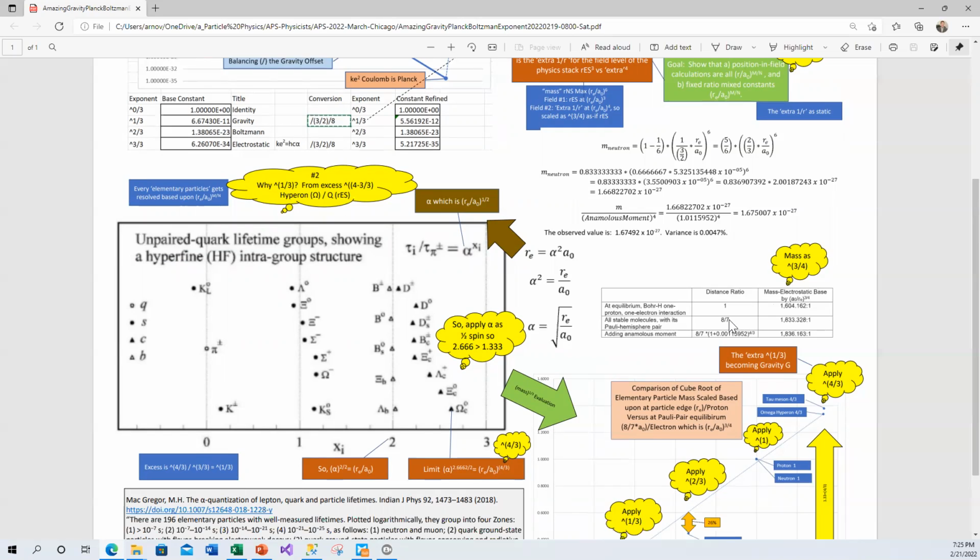So it's 8 minus 1 versus 8/7. And then, of course, you've got this anomalous moment, which is for the particle edge, because particles aren't point equations. And you get this 1836.163, which is 0.153 is the experimental evidence.